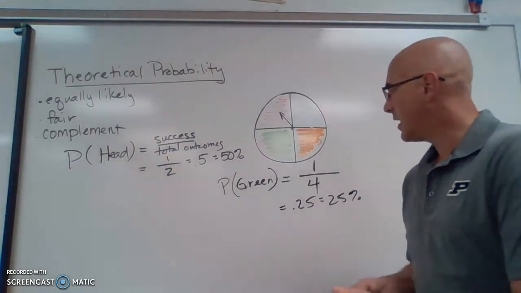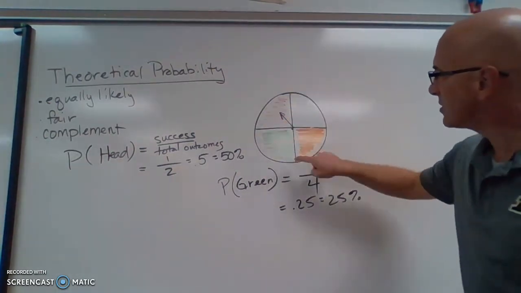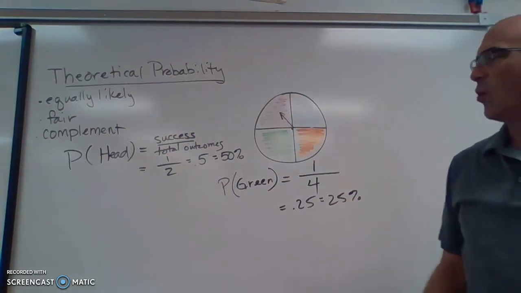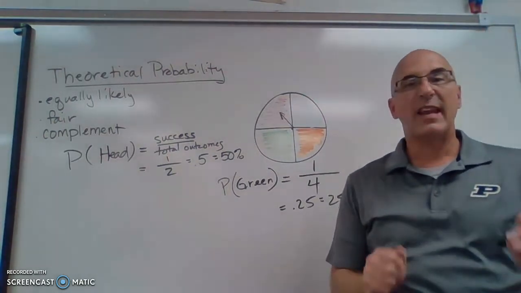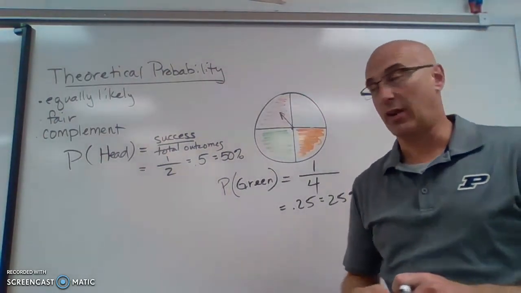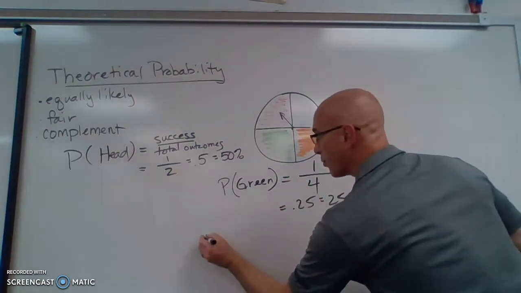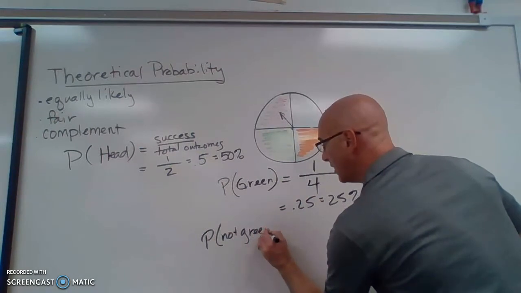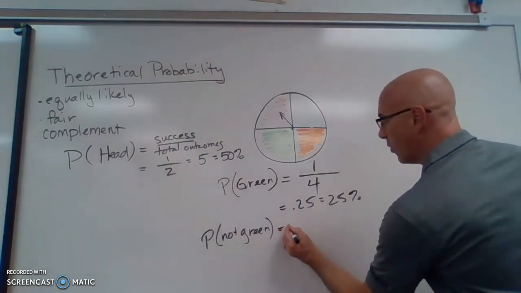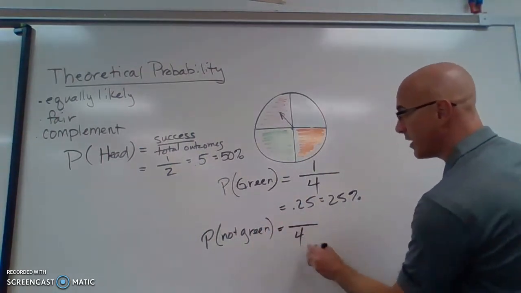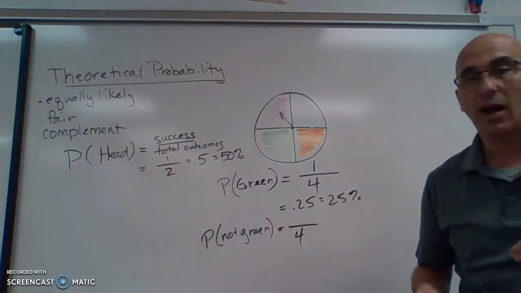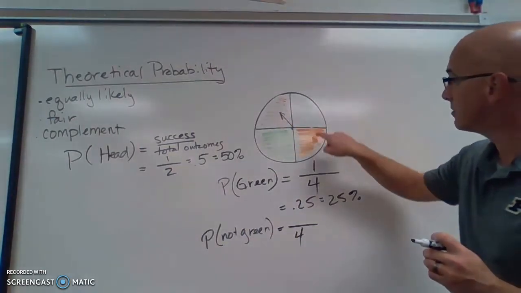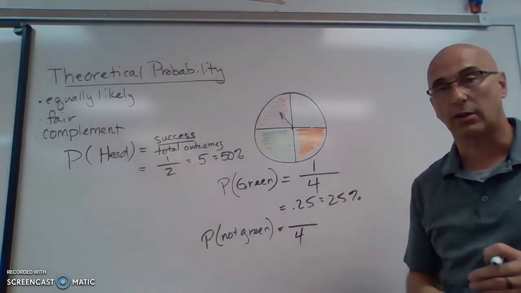Now, let's take this same experiment. What's the probability that it does not land on green? So we could say the probability that it is not green. The denominator is the same, 4. There's 4 equal chances of landing on a color.